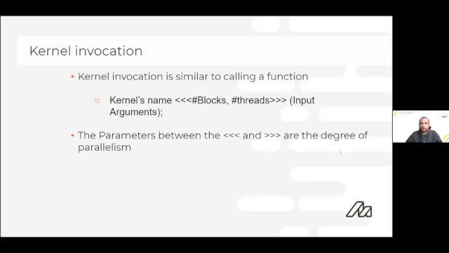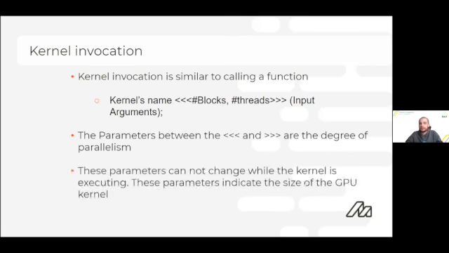So these are simple parameters, and these parameters, as I mentioned, control the size and the number of threads that are going to be spawned in the GPU in order to execute the function and the kernel. As we mentioned, each kernel spawns a set of configurable threads, but this term shouldn't be misused.